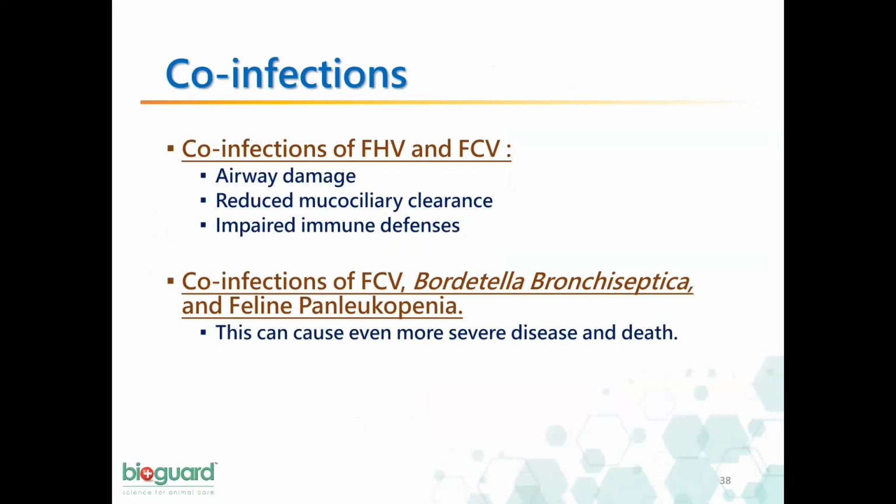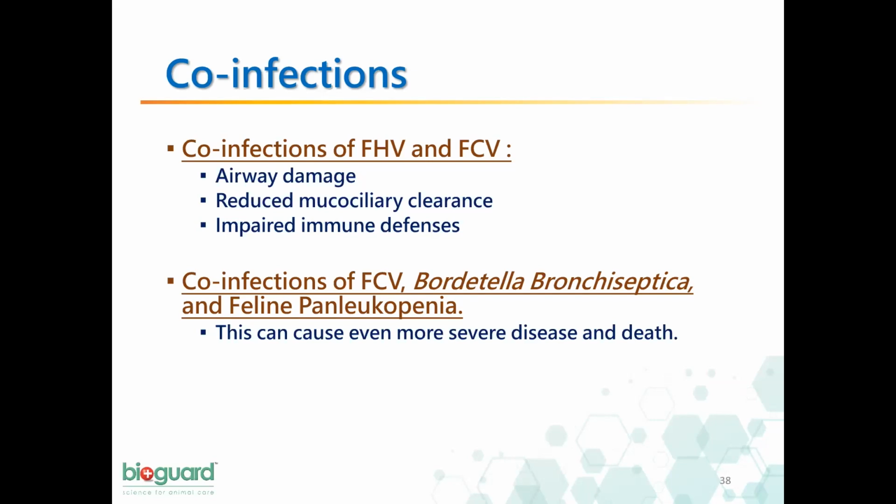Not only this situation, but in most respiratory diseases of cats there are co-infections occurring. The most common one usually seen is the co-infection of feline herpesvirus and feline calicivirus together.